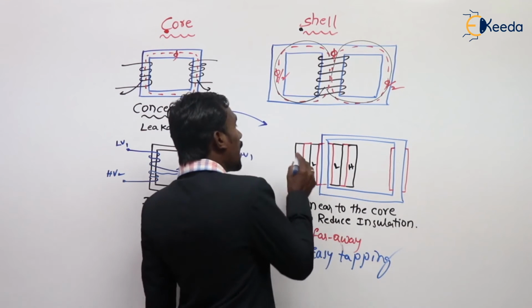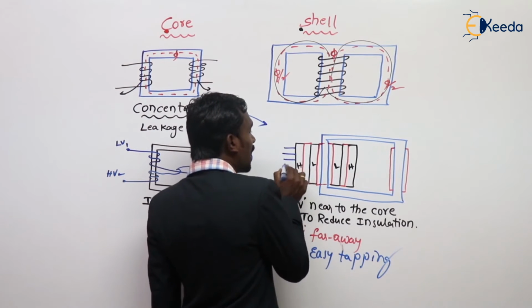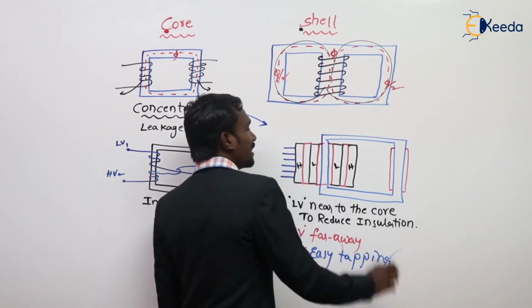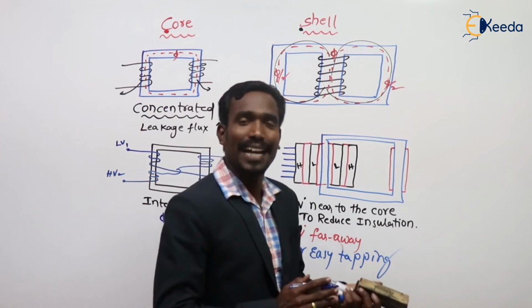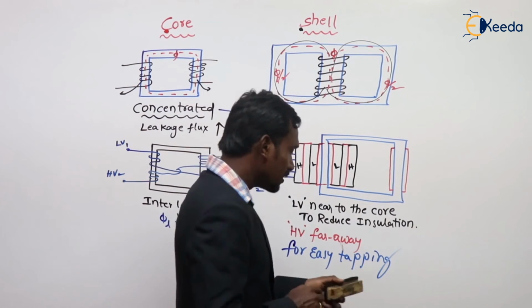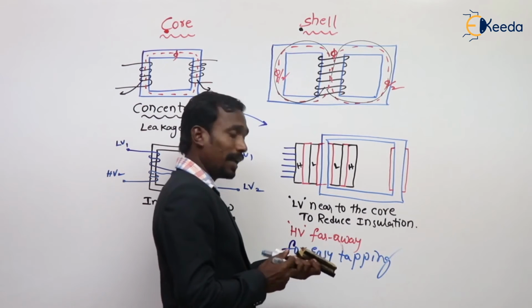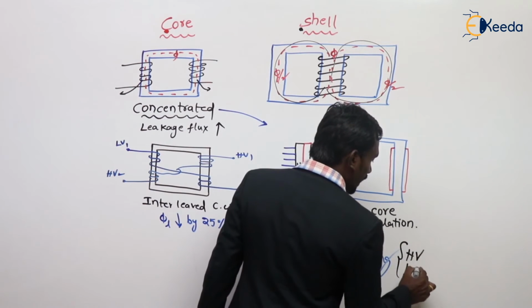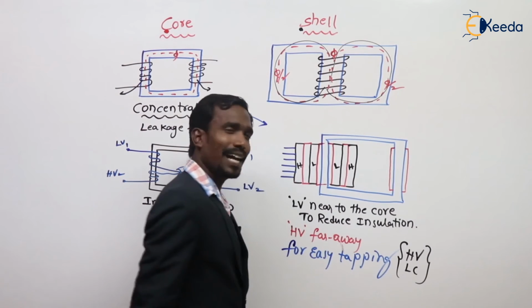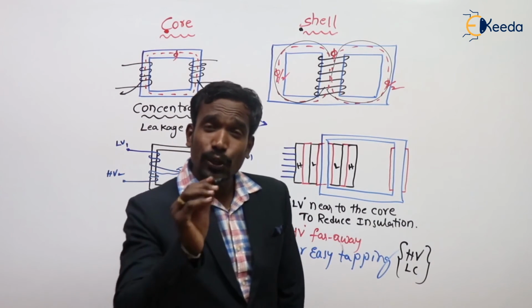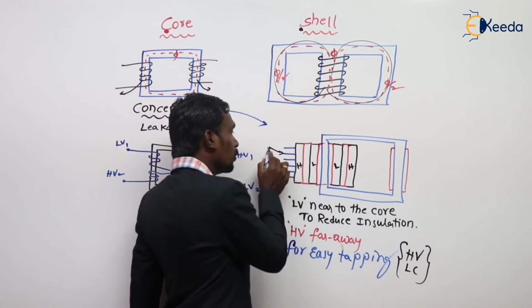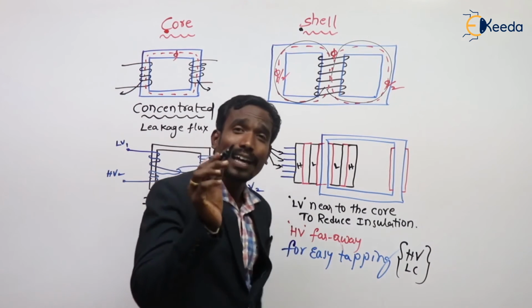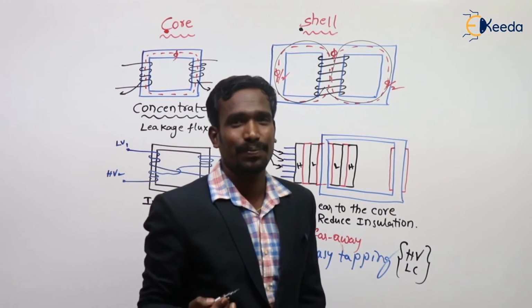Always the tappings should be placed on the high voltage or low current side, because during tap changing the current should be minimum.